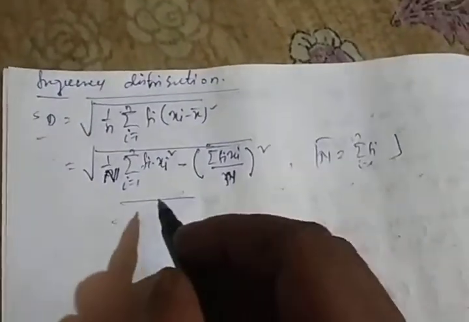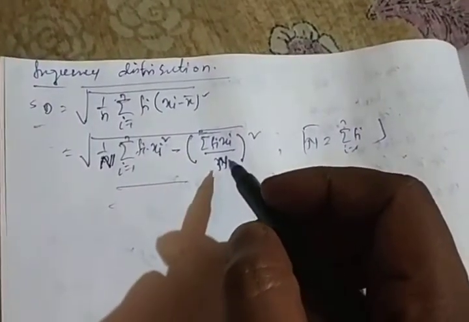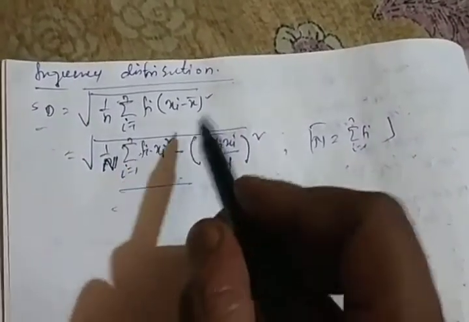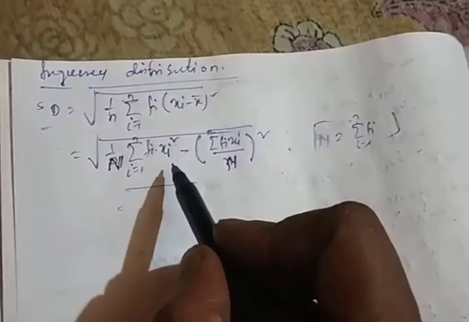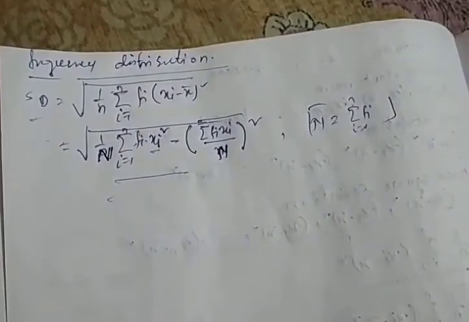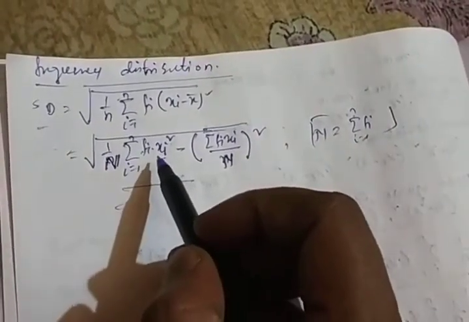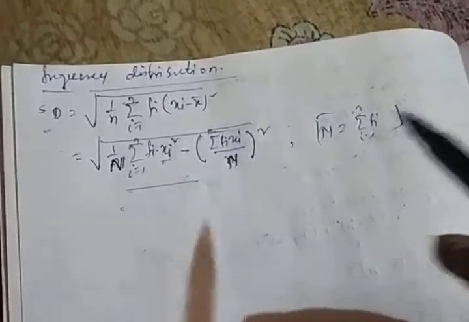Now whenever x bar is not a whole number, or whenever the values of the variable are very large, then the calculation will be a little more difficult.